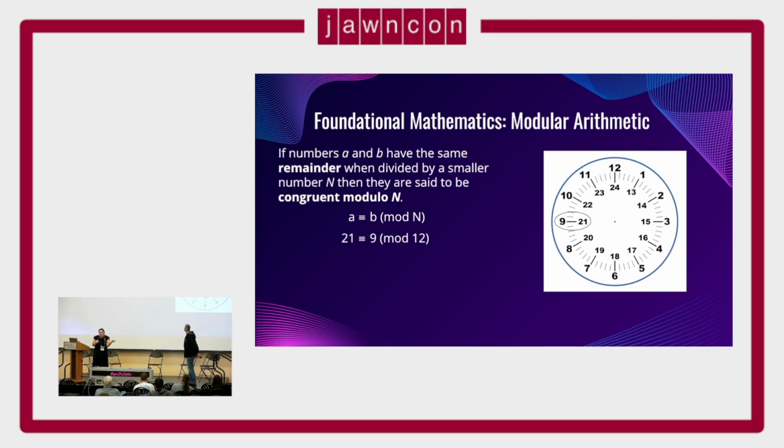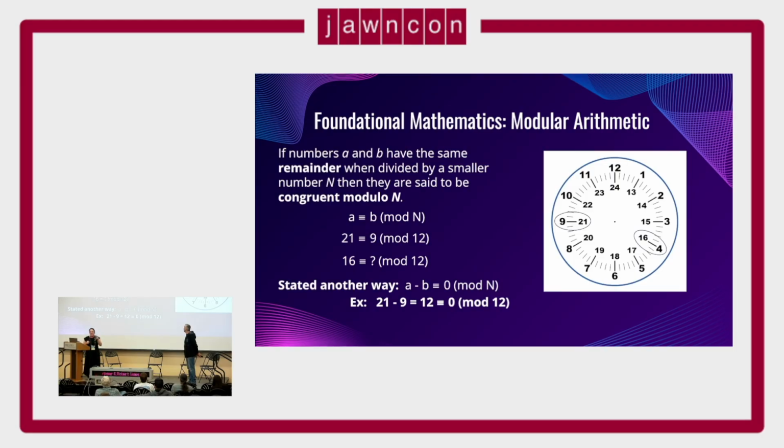So it could be 9 a.m., it could be 9 p.m. But if you use 21, then you know exactly what it is. All this is saying is that when you look at the clock and divide by 12, 21 and 9 have the same remainder, and it is 9. So as a test, 16 is congruent to what mod 12? Yeah, it's 4. Nice. All right, and there it is.